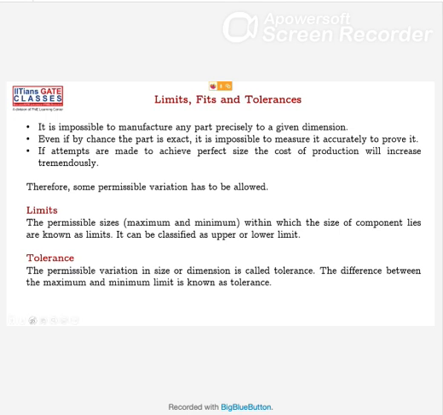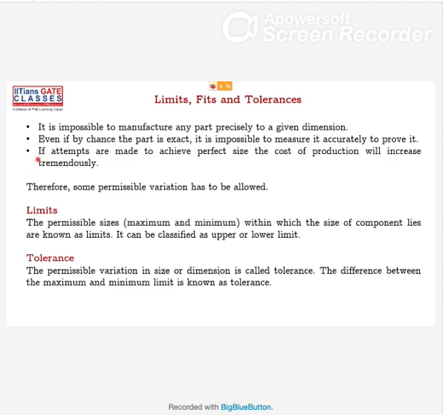So let's discuss. It is impossible to manufacture any product precisely to a given dimension, even if by chance the product is exact. It is impossible to measure it accurately to prove it. That is a problem. Even though it is right, you have some problem with your equipment, so you can't prove it.